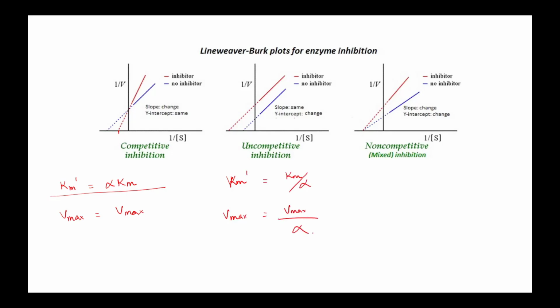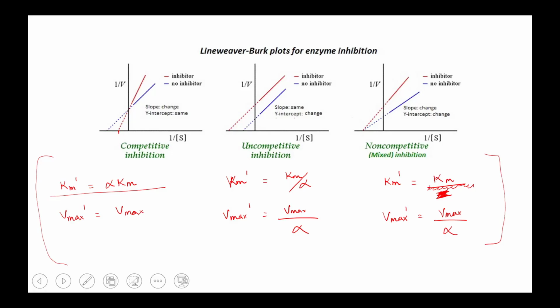In the third case, non-competitive inhibition, the Km remains the same because a non-competitive inhibitor binds to the allosteric site, not the active site, but Vmax decreases. So these are the short formulas we have to follow for our Lineweaver-Burk plot for enzyme inhibition.